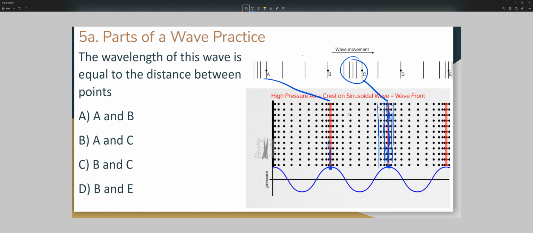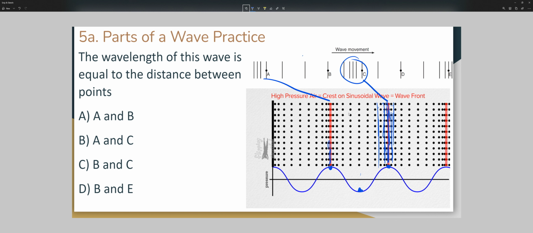So the less compressed parts would correspond to your troughs, right there. And the question asks, which 2 points would represent the wavelength of your wave? Well, we know that the wavelength of a wave can be measured crest to crest, or trough to trough.